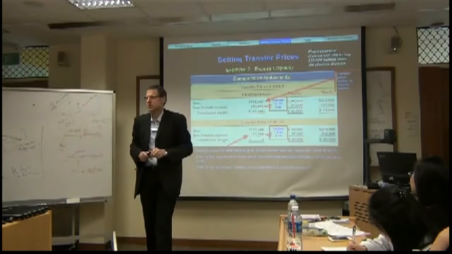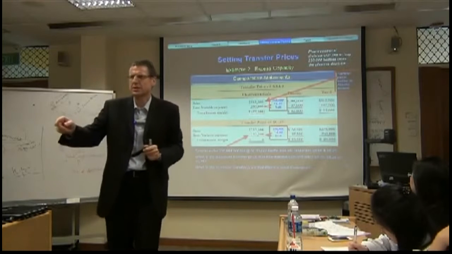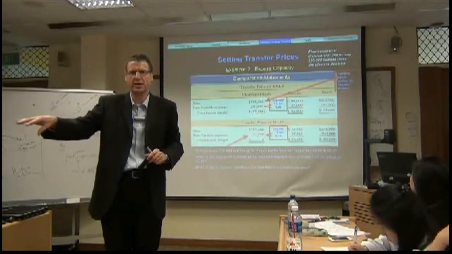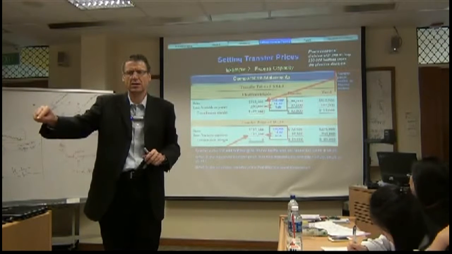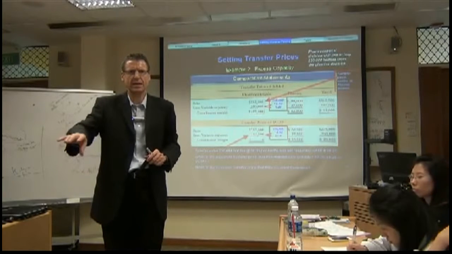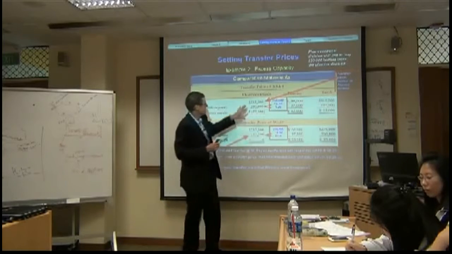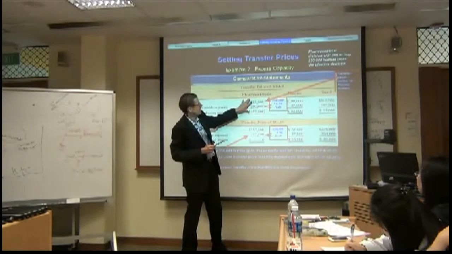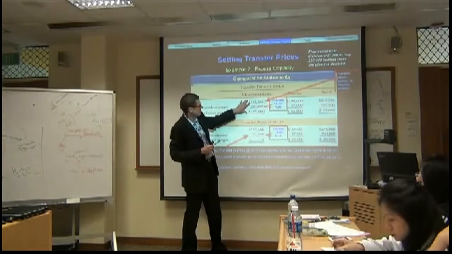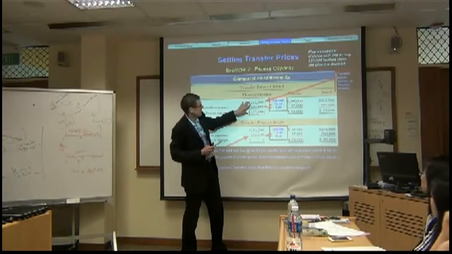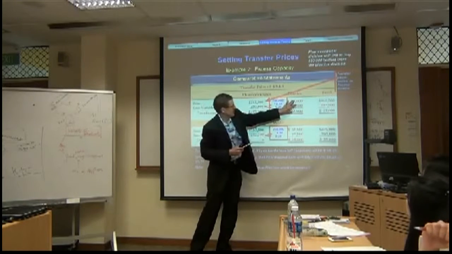What I want you to do is just take 20 seconds to have a look at the two divisions and the data. Remember, here, pharmaceuticals is wanting to buy 250,000 bottles from the plastics division.